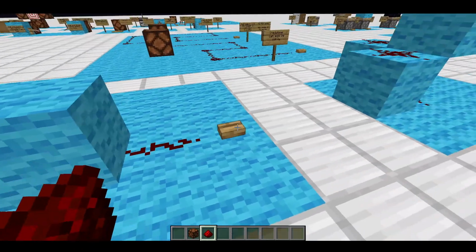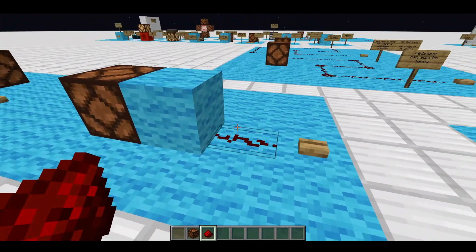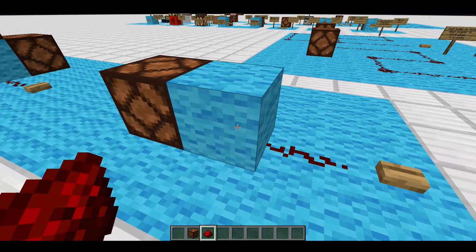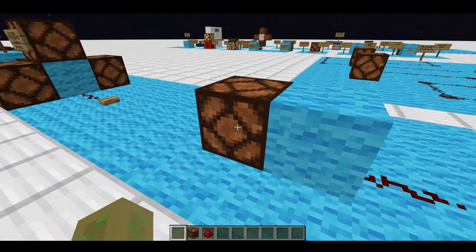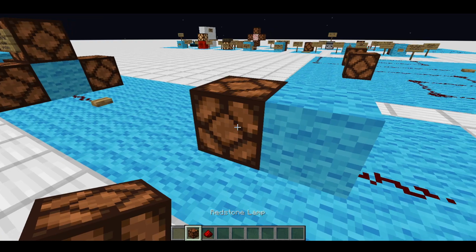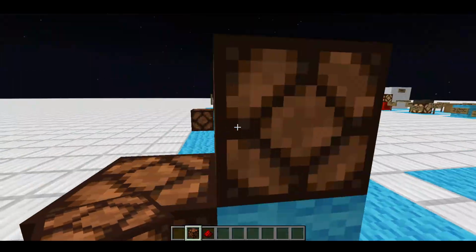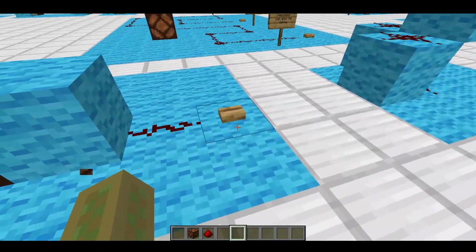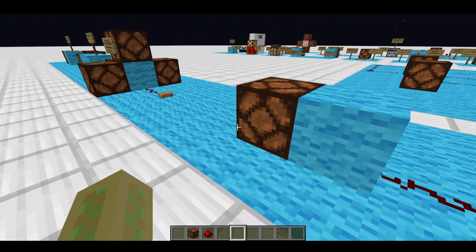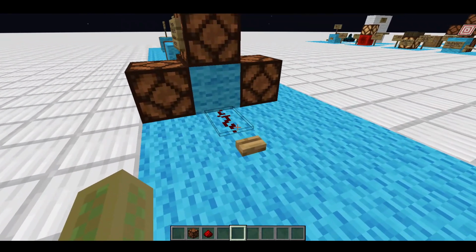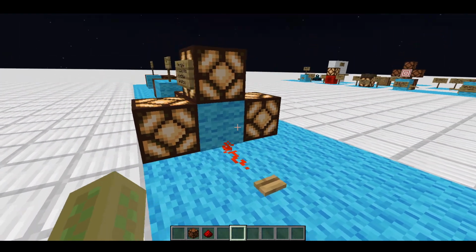Now, if we go over here, I can show you this rule even more further. Whenever a redstone line is connected to a block, and then it's connected to a redstone component, it can activate that redstone component. Pretty nice. Now this can also work on the sides too.